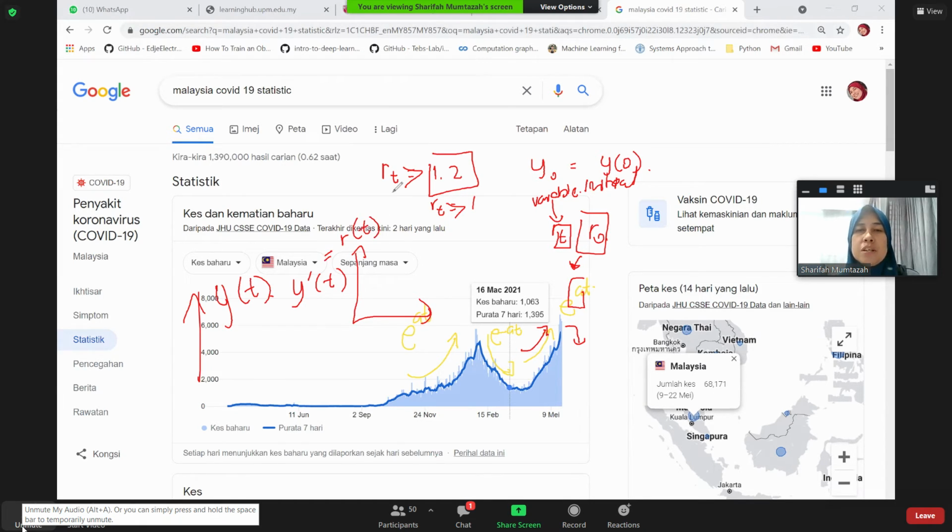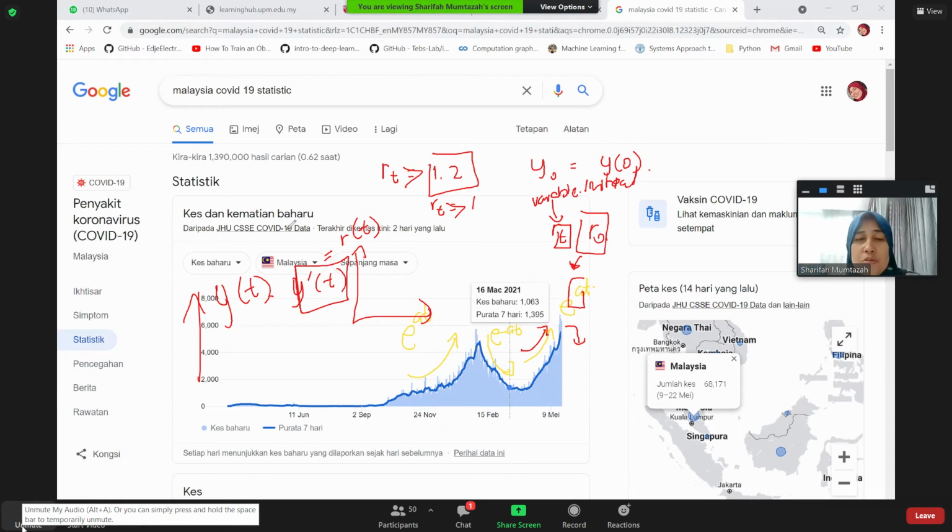Because R(t), dia describe the kecerunan. So anything that describes kecerunan is basically the differentiation of it, okay? Katakanlah it is of some formula, but we call it R(t), so it's actually y prime(t).